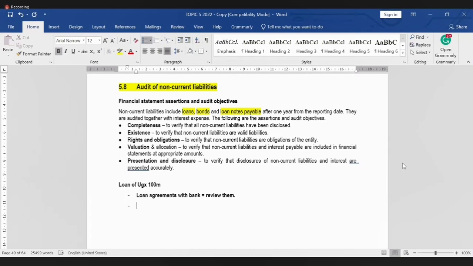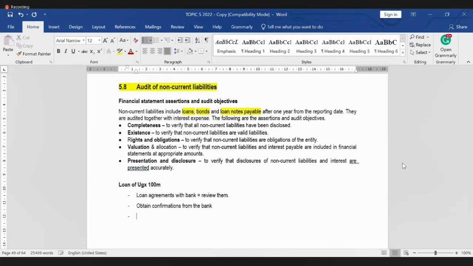You're going to write to the bank. You're going to obtain confirmations from the bank. You inquire from the bank, did this entity, ABC Limited, borrow money from your facility, from your bank, or not? They will respond to you, confirming whether they borrowed or not, and how much they actually borrowed, how much have they so far repaid, and how much is remaining.